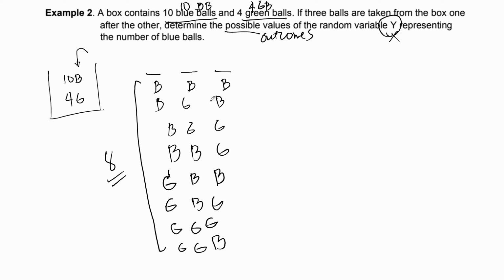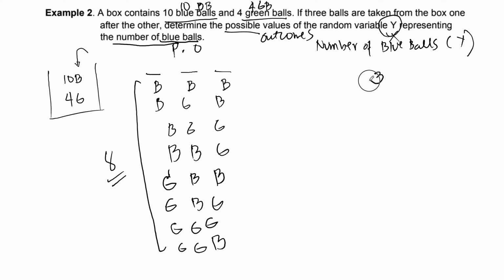Okay? Ngayon, ito na yung possible outcomes mo. PO ko na lang lagay. At dito nga, lagay natin yung number of blue balls, kasi yun yung hinihingi sa problem. Number of blue balls. This is your Y. Okay? So here, you have 3 blue balls.